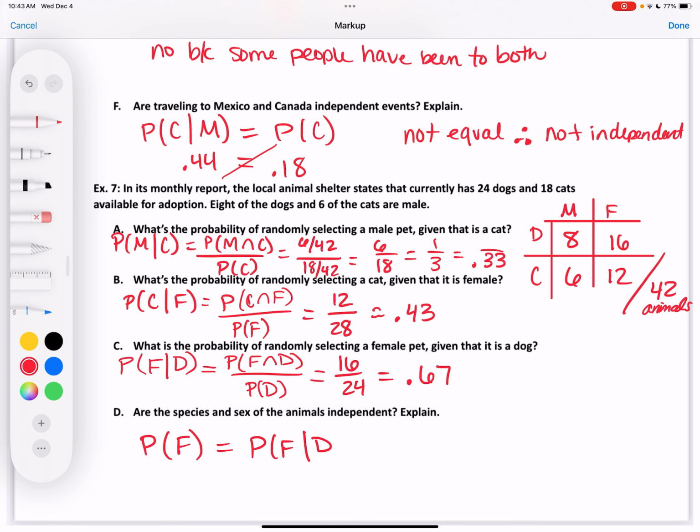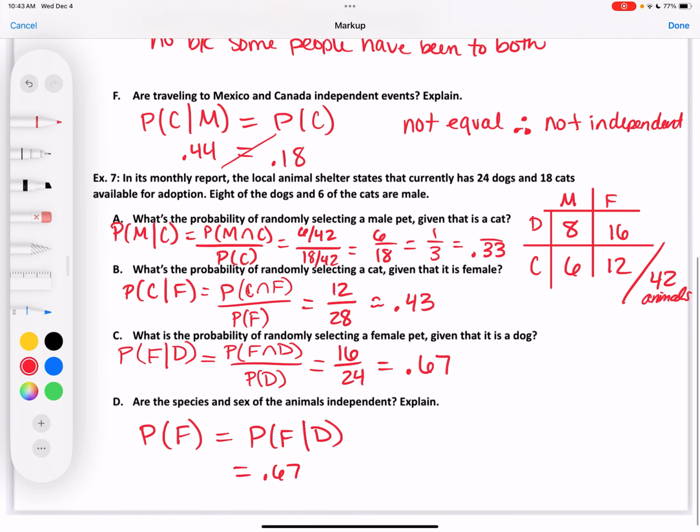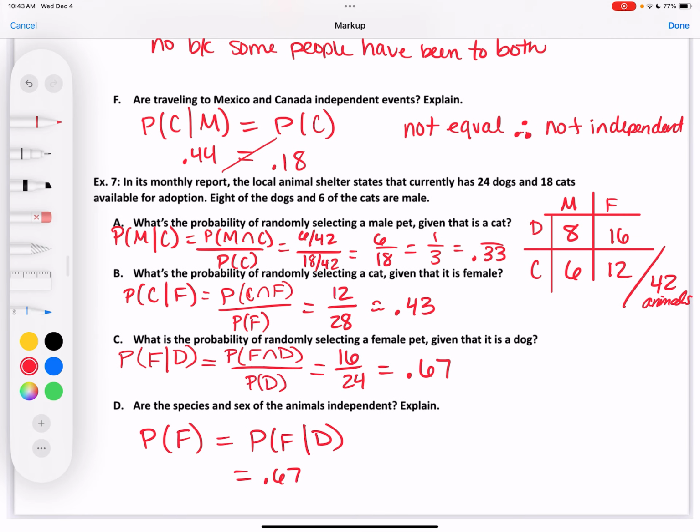I've already found female given dog is 0.67. Probability of female, how would I find that? It'd be all the females over 42. Yep, 28 over 42, which comes out to be 0.67 also. So 0.67 equals 0.67. In this case, they are the same, so they are independent.